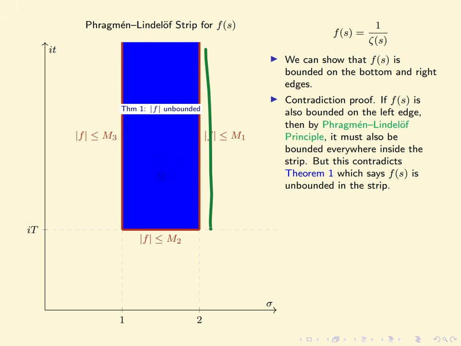So this part is definitely bounded, and the contradiction proof is if f of s were also bounded on the left edge, then by the Phragmén-Lindelöf principle, it must also be bounded everywhere inside the strip. But this contradicts theorem 1, which says that f of s is unbounded in the strip. So therefore, it cannot be the case that this function is bounded on the left edge.